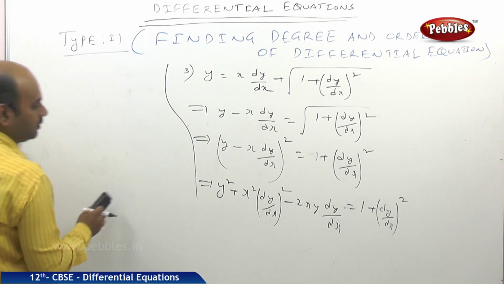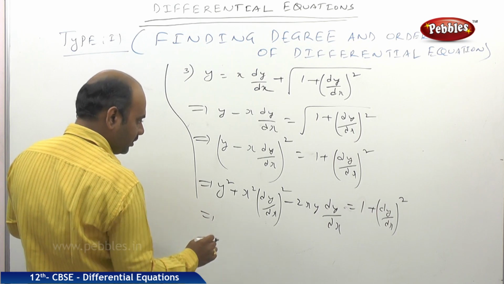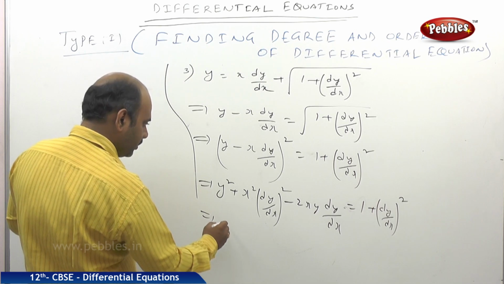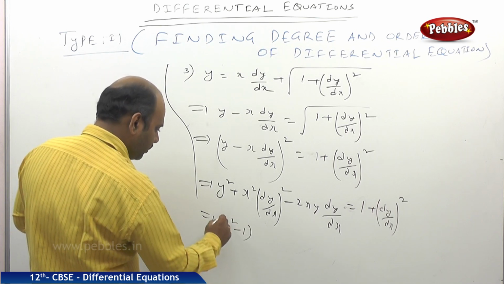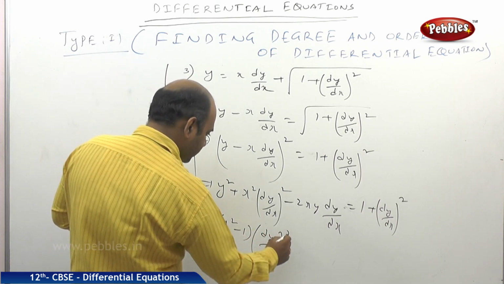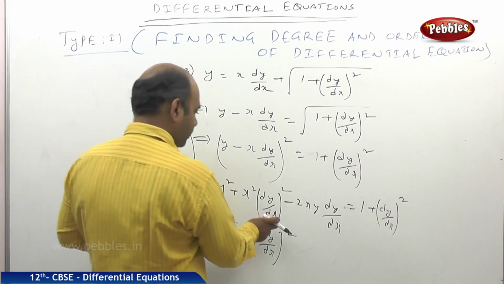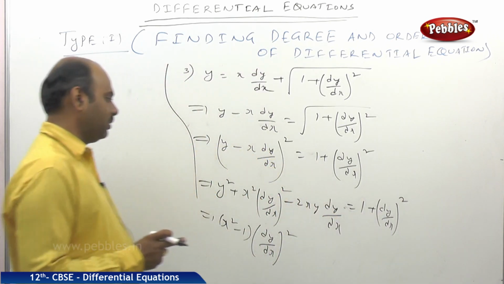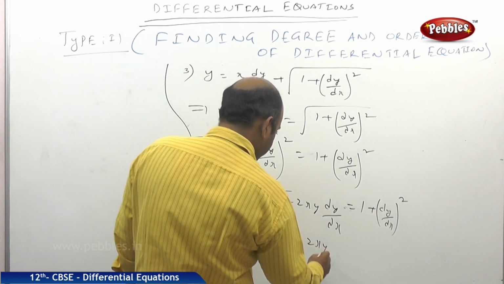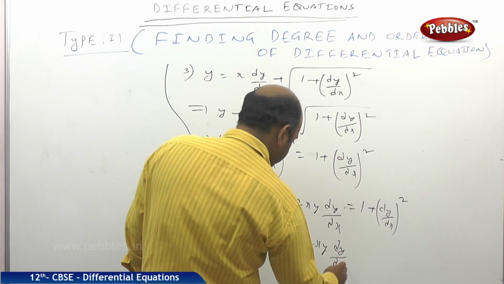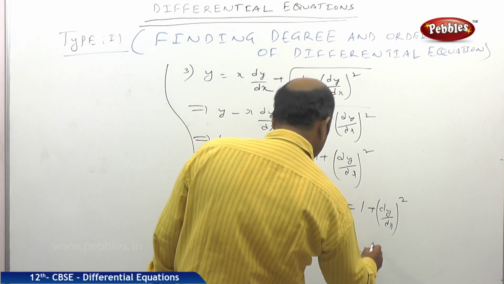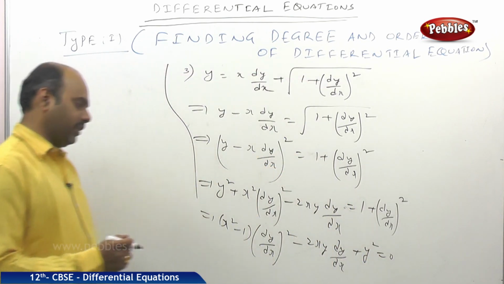I think this I can write like this: (x square minus 1) into (dy by dx) whole square minus 2xy into dy by dx plus y square is equal to 0.